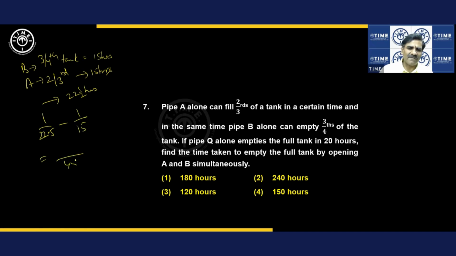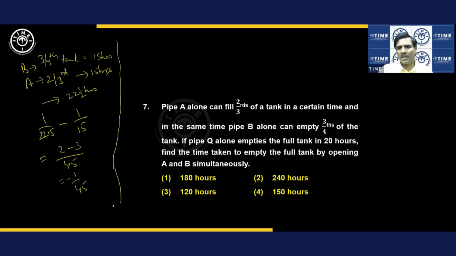So the LCM will be 45, and 22.5 will go 2 times here, and this will be basically what we understand, 15 will be going 3 times. So minus 1 by 45 will be having, right? So if you observe carefully, 1 by 45 is emptied, we understand from the given data.